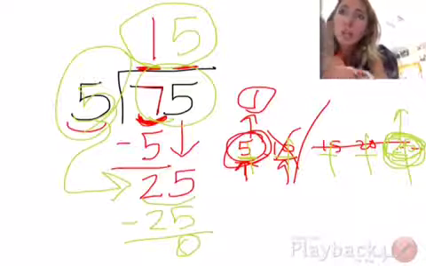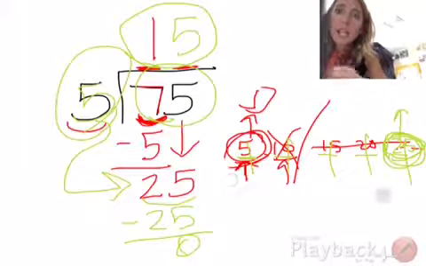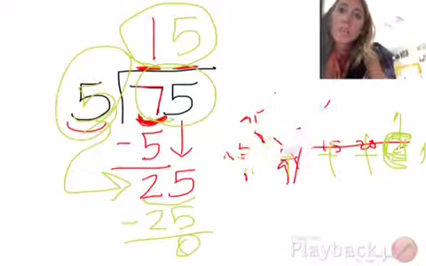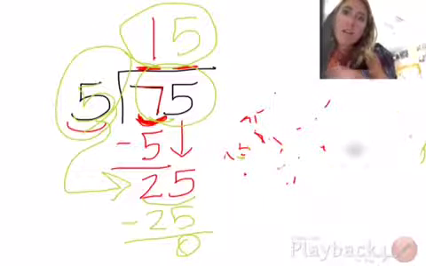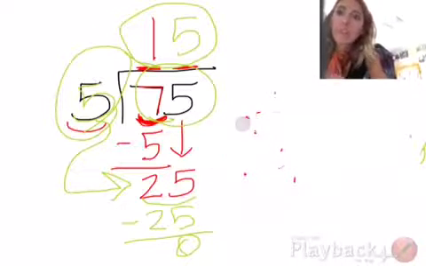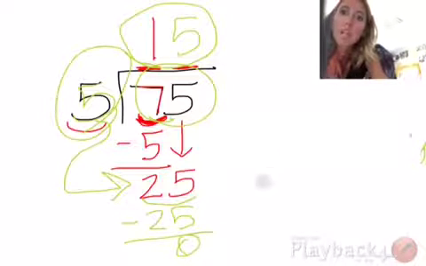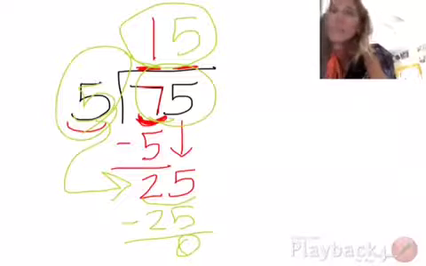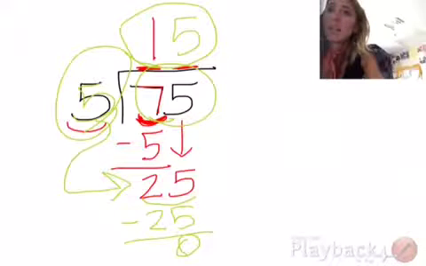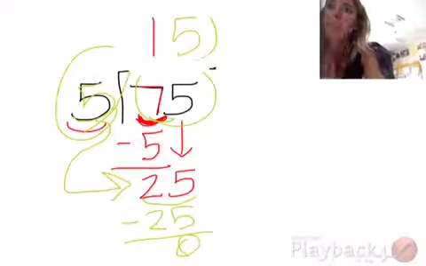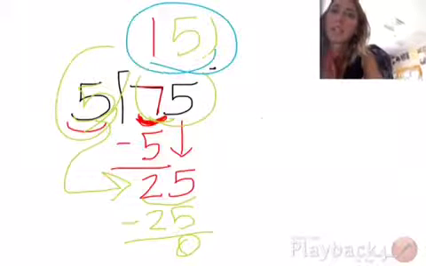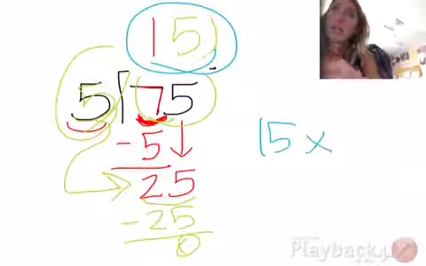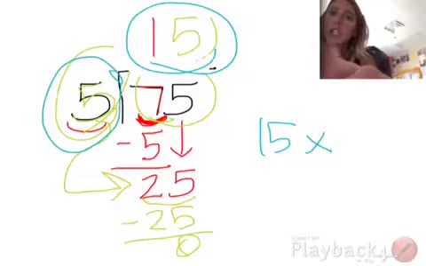Now we're going to check our work by using the inverse operation from division. So what is that inverse operation? Instead of dividing, we're going to multiply. So we're going to take our quotient, 15, there it is, and multiply it with our divisor.